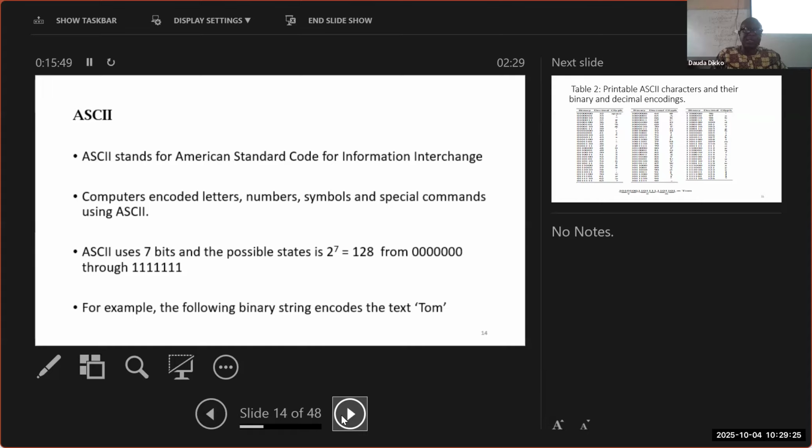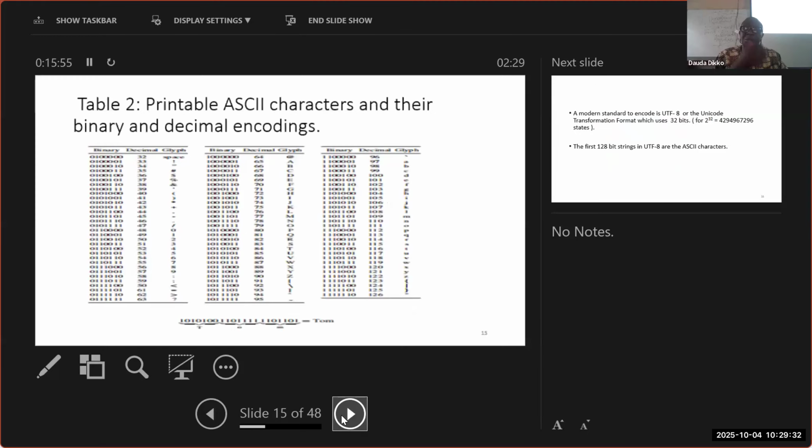So let us look at a typical example of the ASCII code, which is used to represent information. So we have Table 2. In that Table 2, you have the binary digits, its decimal equivalent, and the special symbol.